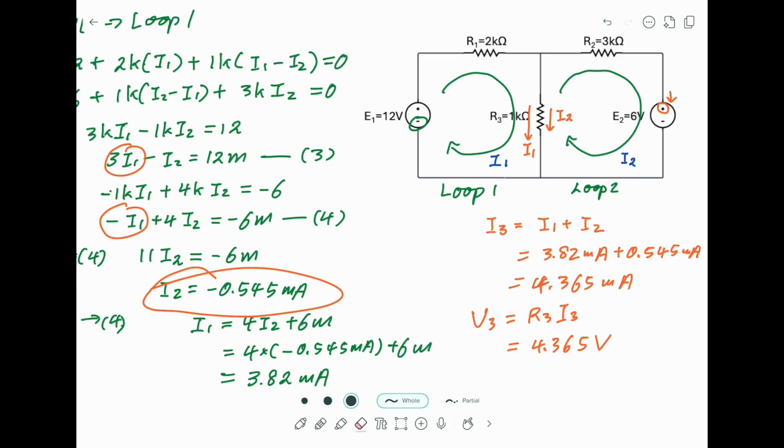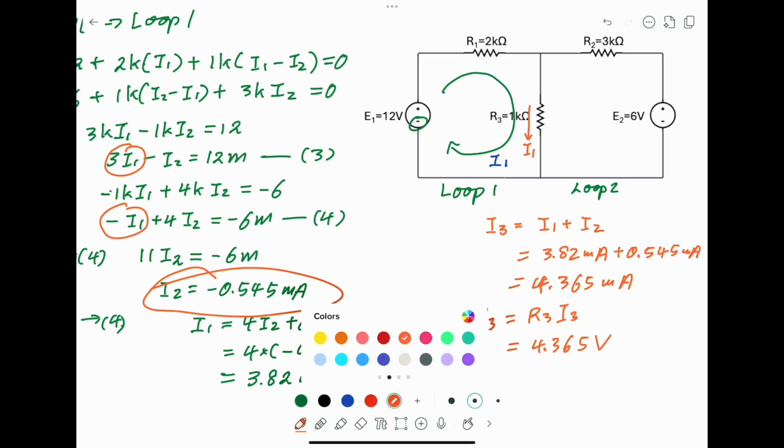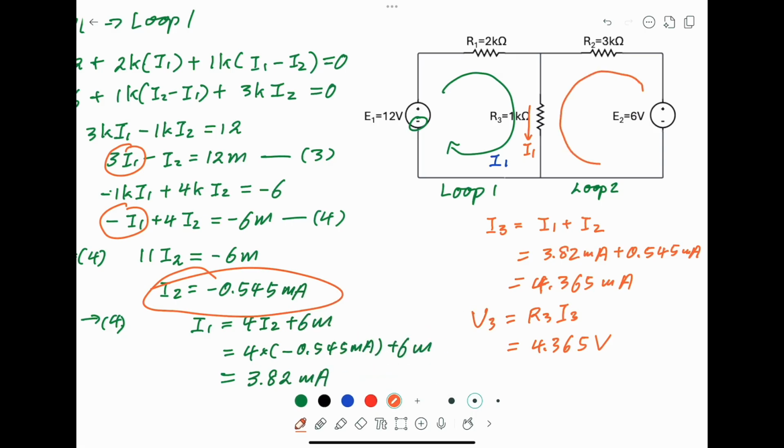So you may ask this question: if in the beginning we assume, instead of clockwise, an anti-clockwise, what will happen?